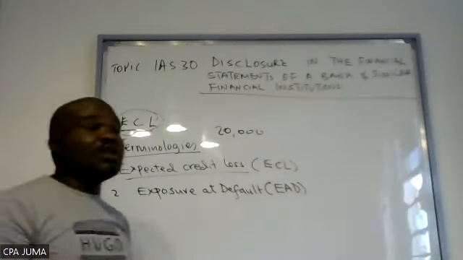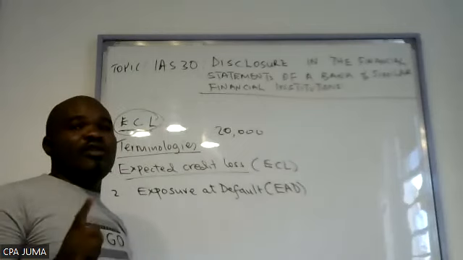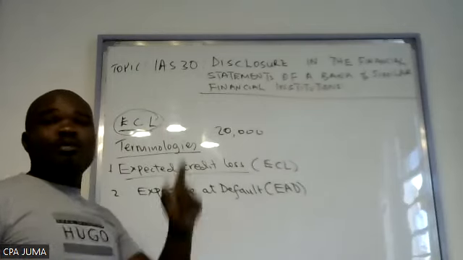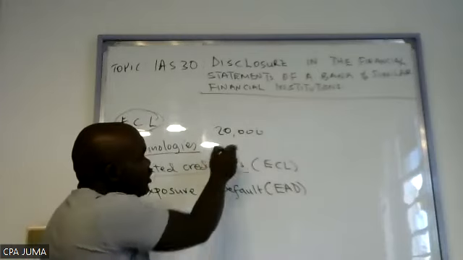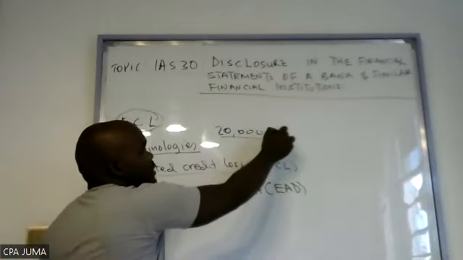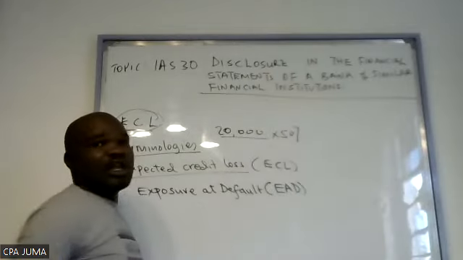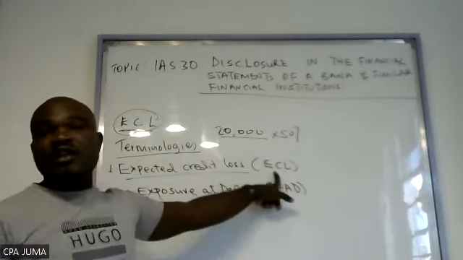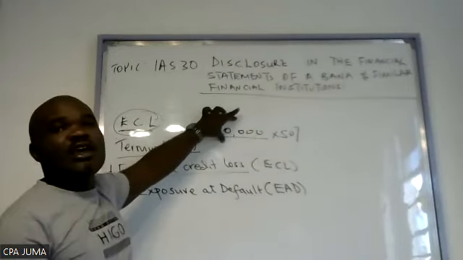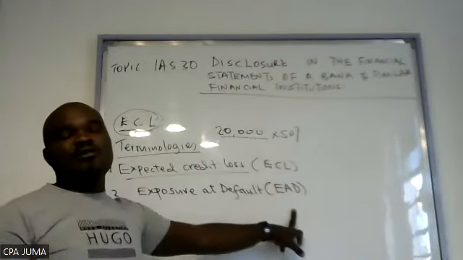So as an accountant, you need to make provision in the financial statements. And when making provision, if you are 50-50, you will say of this 20, 50% is doubtful debts. So the 50% of 20, that is the expected credit loss. The 20 itself is the exposure at default.